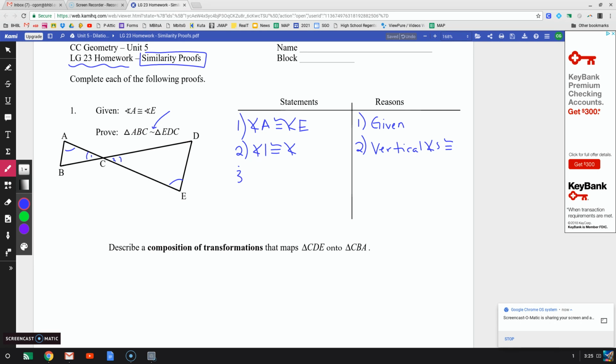So now I have enough information to say that triangle ABC is similar to triangle EDC, and that is my AA theorem, my angle-angle theorem. If I can show two angles are congruent, I can show that my triangles are similar.